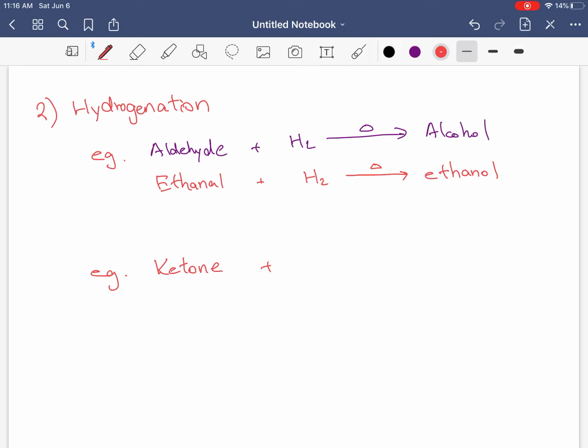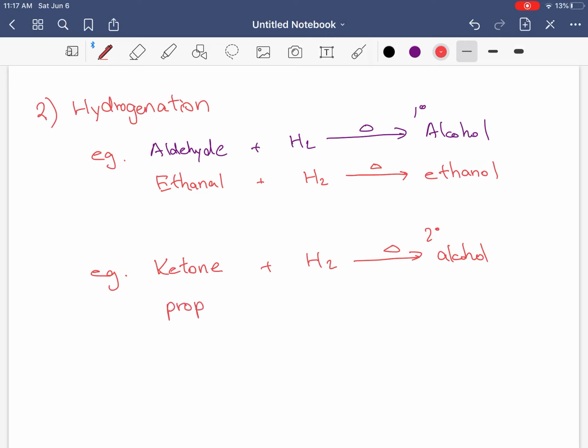So if I take a ketone and I react it with hydrogen gas in the presence of heat, would I also get back an alcohol? Absolutely. Okay. Now, just to be precise, the alcohol that you're getting from an aldehyde is going to be a primary alcohol. The alcohol that you're getting from a ketone is going to be a secondary alcohol.